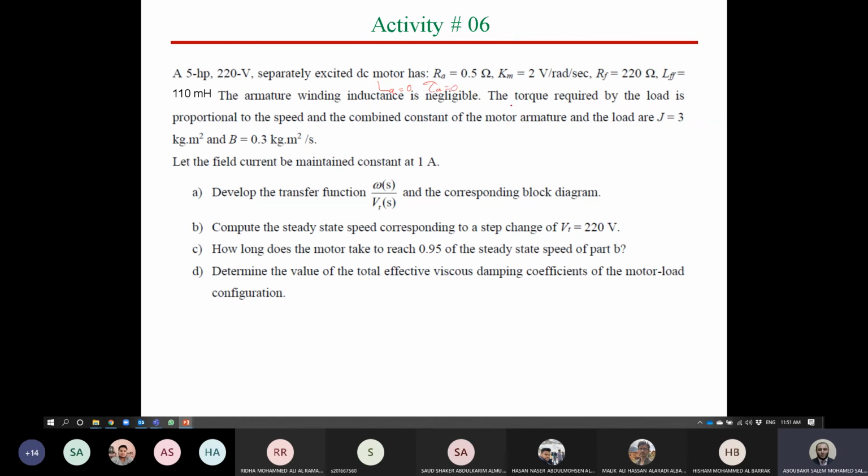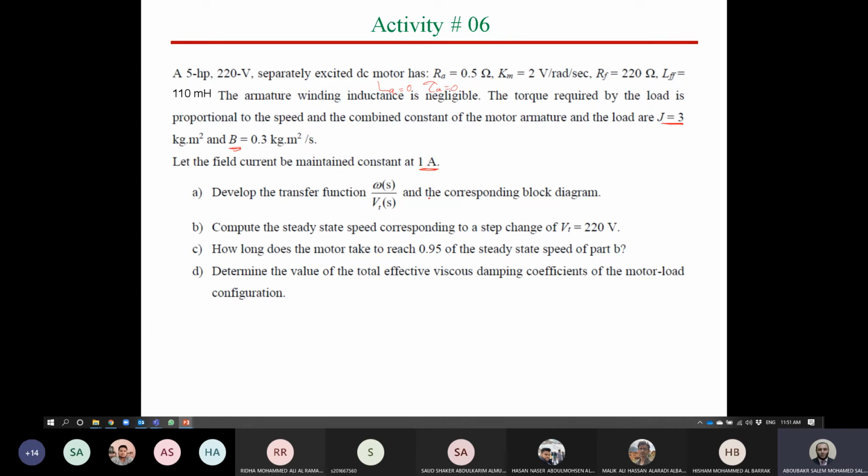The torque required by the load is proportional to the speed. We already had this special case. The combined constants of the motor, armature, and load are J equals 3. This is the total inertia, and this is the total friction. Let the field current be maintained constant at 1 ampere. This is now the value of the field current.